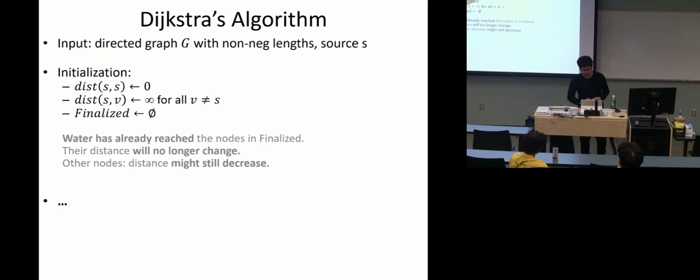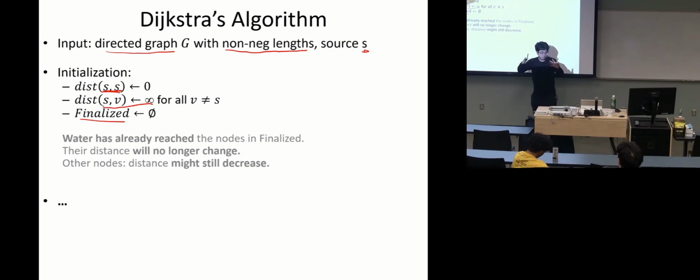So the algorithm is like this: you have a graph, which can be directed, with non-negative lengths and a source. You start with the distance to the source itself being 0. Everything else, let's say, is still infinite, and there is a finalized set. The finalized set is the set of nodes that the water has reached. Anyone that the water has reached, you finalize; you know the distance.